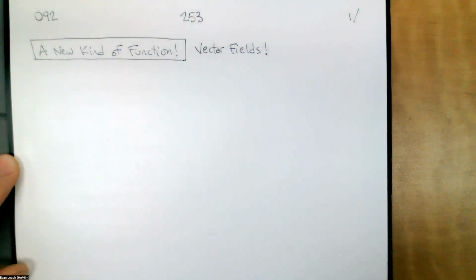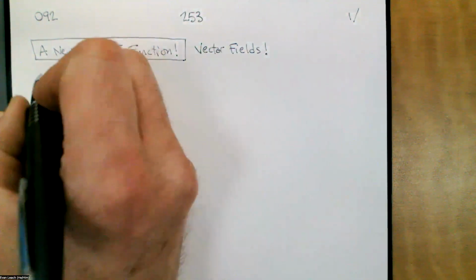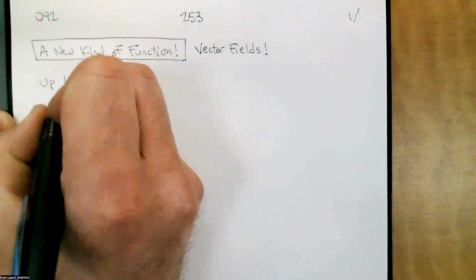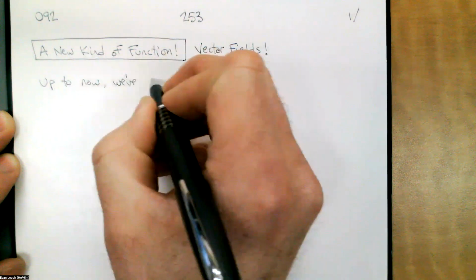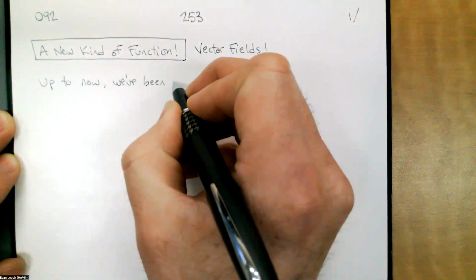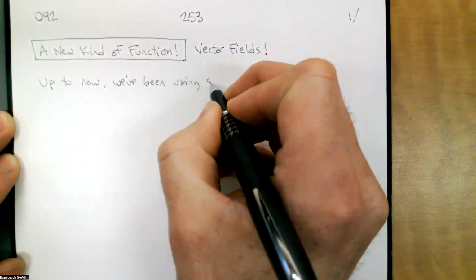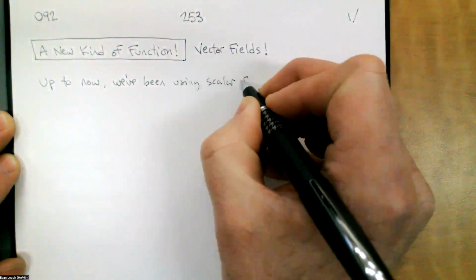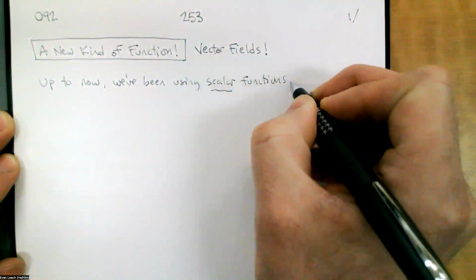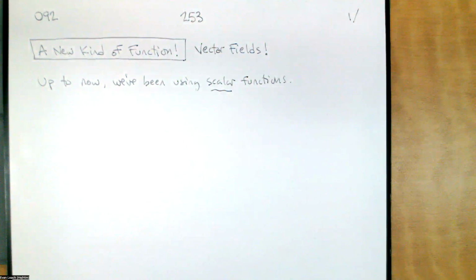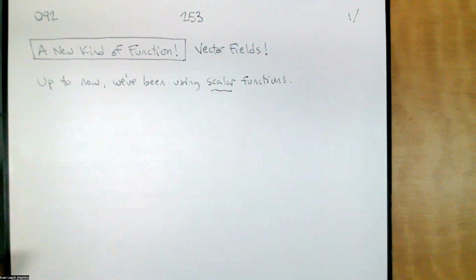Normally, what we've been dealing with so far are scalar functions. Up to now, we've been using scalar functions. What I mean is that the output is a scalar. We put in either a real number or an ordered pair or an ordered triple, and out pops a scalar.